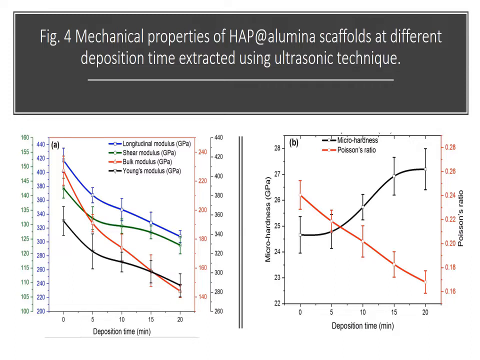As you see here, shear modulus decreased upon the variation of hydroxyapatite contribution from 142 to 112 gigapascal, while Young's modulus was reduced from 353 to 287 gigapascal for the samples from 0 minute to 20 minutes.